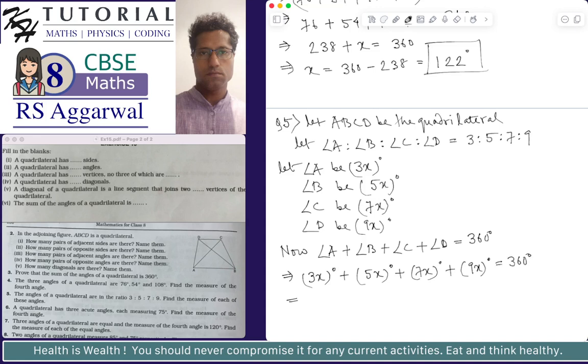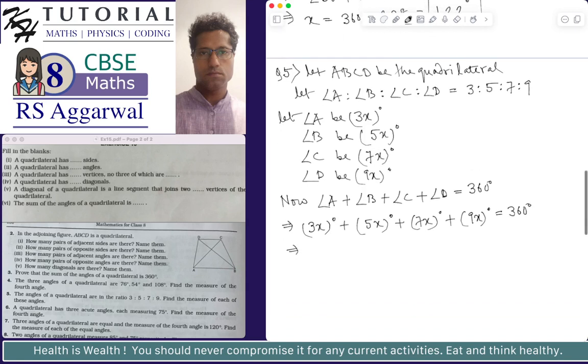If you simplify, add up all the terms on the LHS, we get 3x plus 5x is 8x, 8x plus 7x is 15x, 15x plus 9x is 24x. So we have 24x degree is equal to 360 degree. If we ignore the degrees, we have 24x is equal to 360.